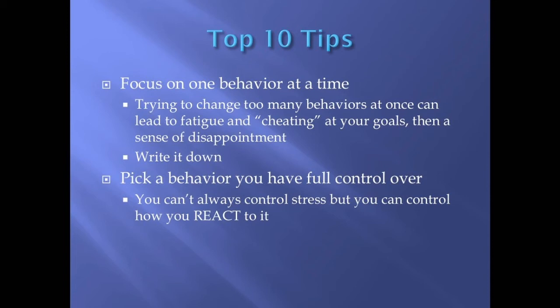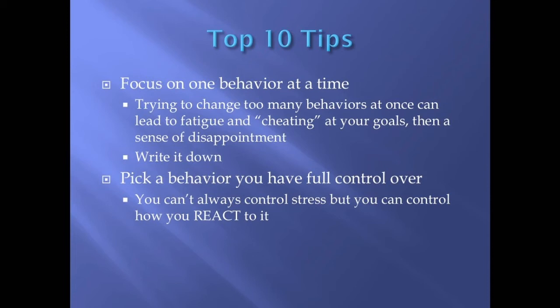Because we know if you're trying to change too many things at one time, you're likely to use conflicting change patterns that hurt your overall success. So, for example, you want to stop drinking and get skinny.